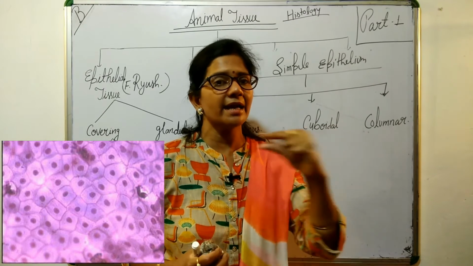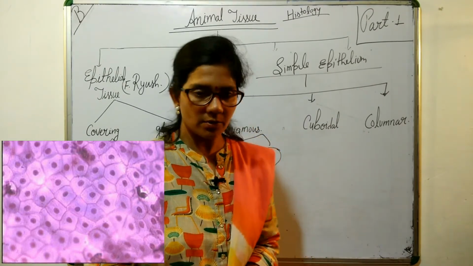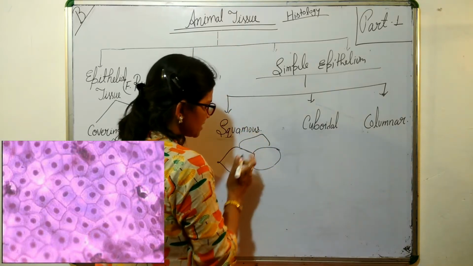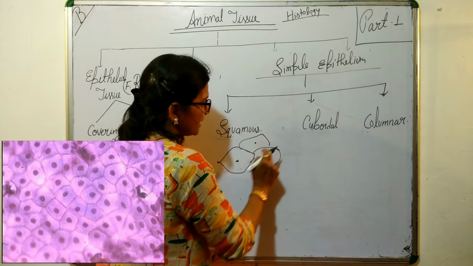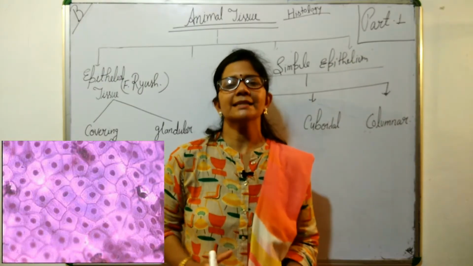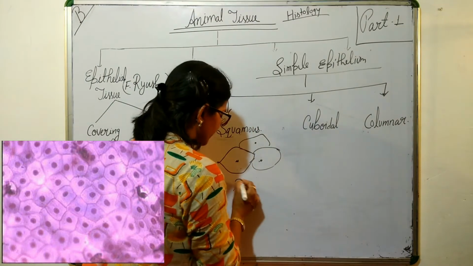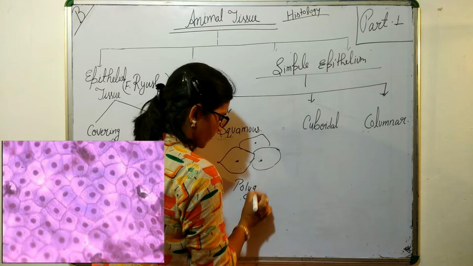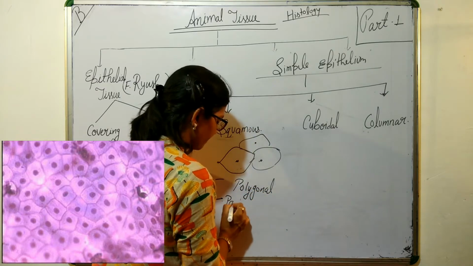Because of this, they make the protective covering or protective sheet on the organs. This is the nucleus, and these are the squamous cells. I am drawing this type of structure because they are variable in shape, so we call them polygonal.